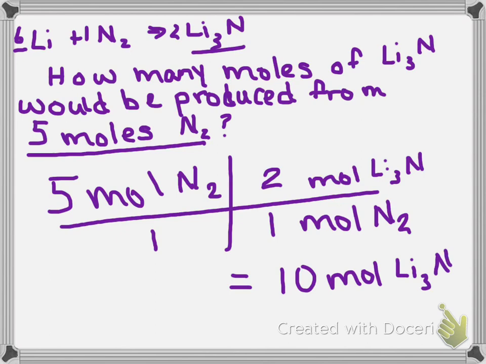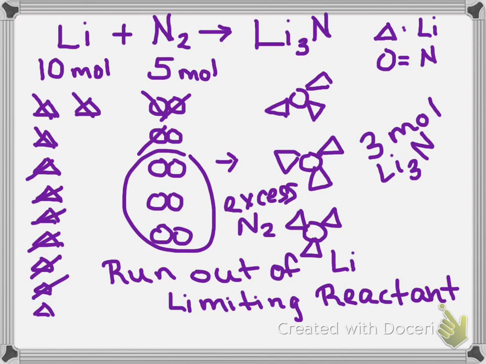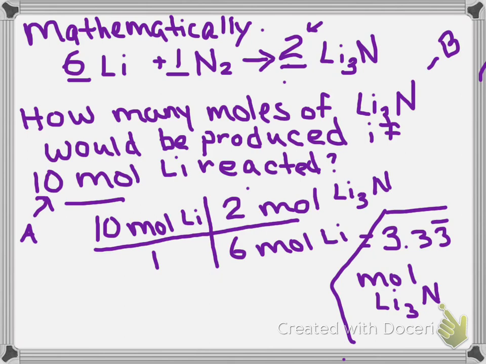So conceptually, let's look back at our picture. We said that we would be able to make 3 moles of lithium nitride. And if you notice, we had 1 mole of lithium left over, which would equate to that 0.33, honestly. So in doing this, we're figuring out what would run out first.